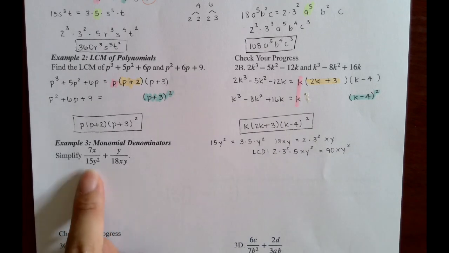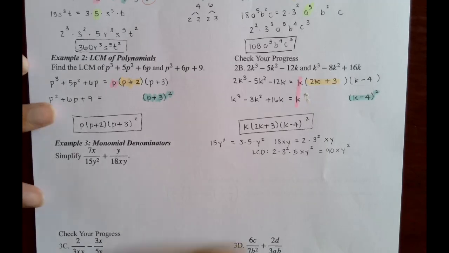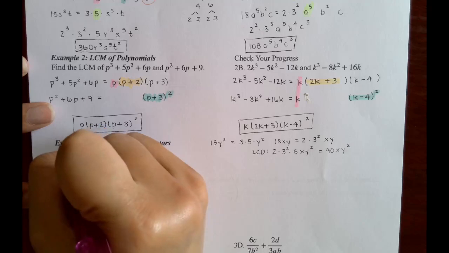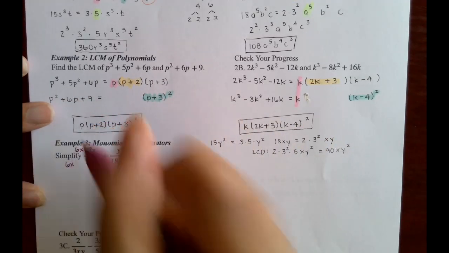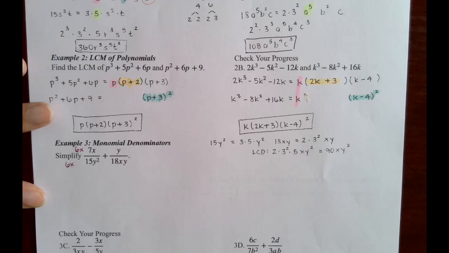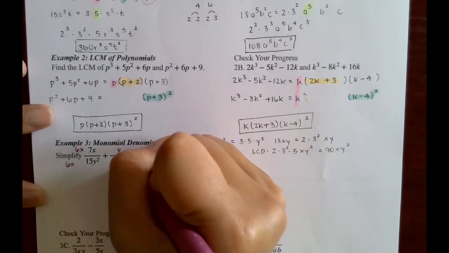Okay. So now, to make 15y squared into this, I need to multiply this by 6 and an x. And so to balance it out, I'm going to multiply this top by 6x. Okay. Then for this, I need to multiply this by a 5 and another y.